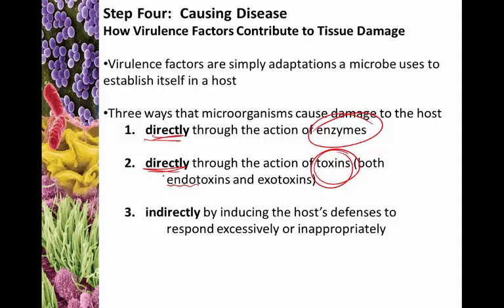In indirect damage, we see the host defense responding excessively, or in some instances inappropriately. In other words, we see excessive amounts of inflammation, excessive amounts of reaction to the organism, and what does the most damage is that excessive response from the body, your immune system overdoing it, and it's not really something that's caused by the microorganism itself.